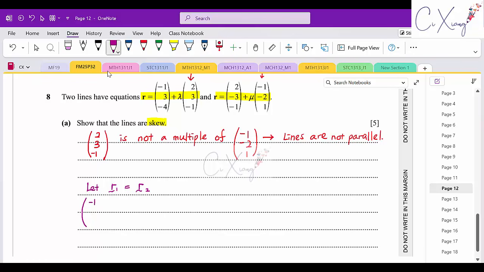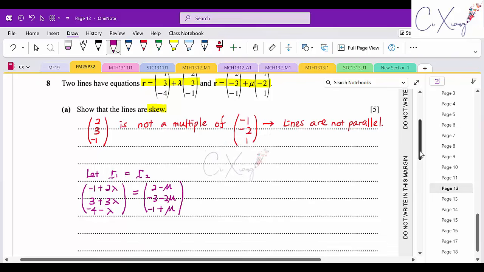So I'm having -1 + 2 lambda for the x, then 3 + 3 lambda for the y, and -4 - lambda for the z equals to r2. So for r2, it is 2 - mu, then -3 - 2 mu, and also -1 + mu.